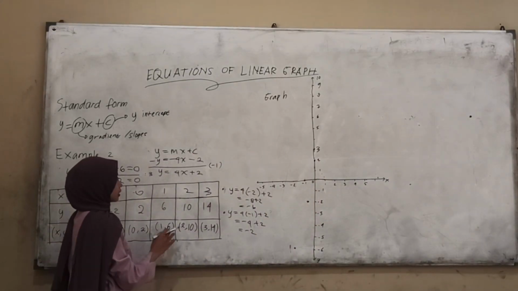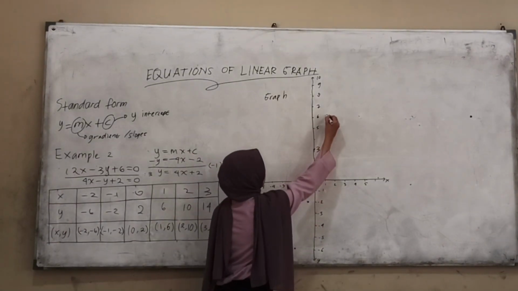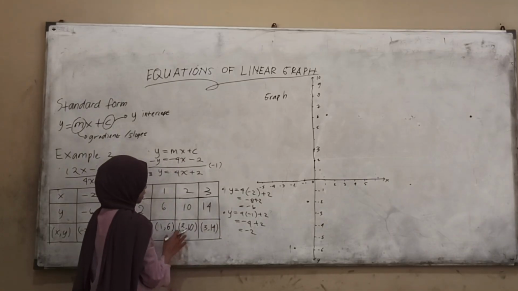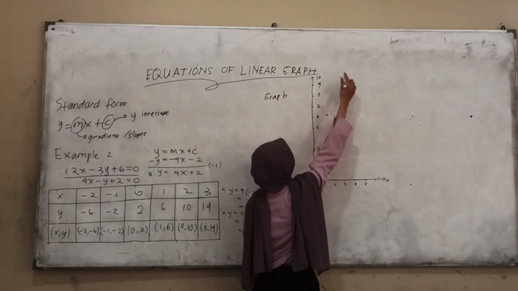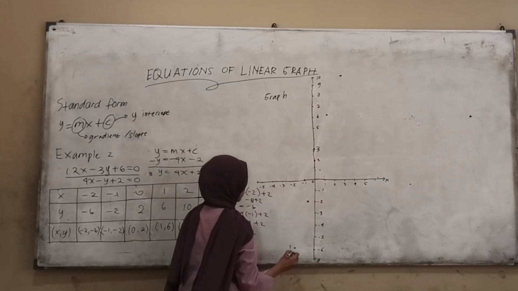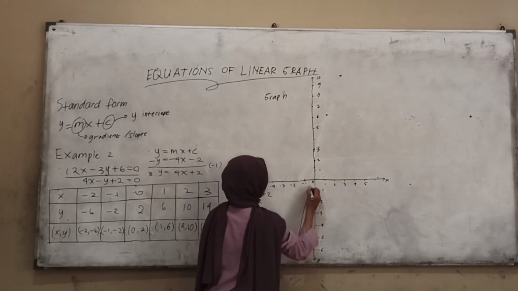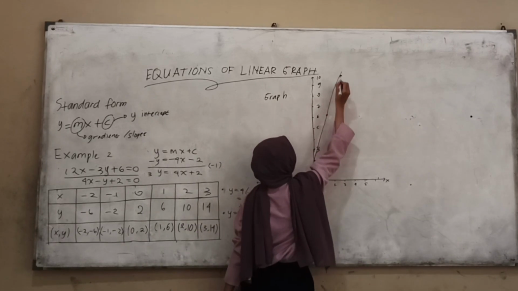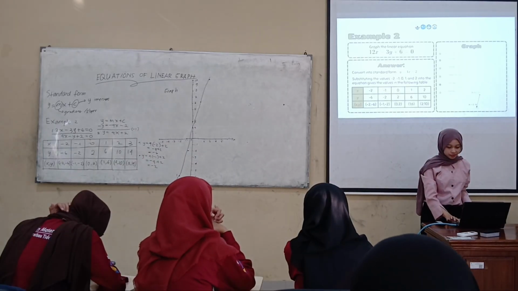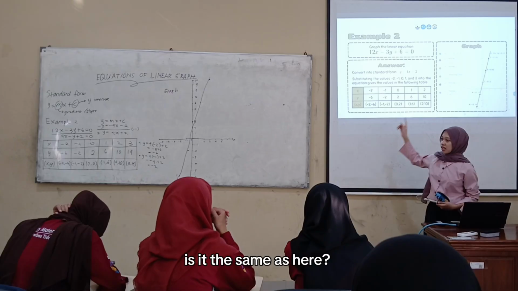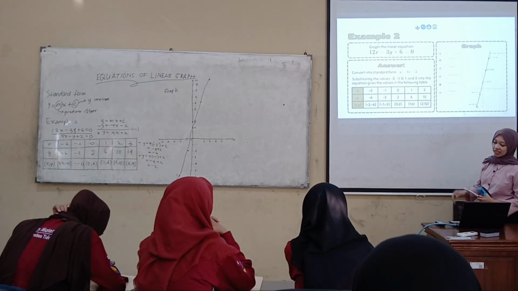And then 1, 6, it would be here. And then the last one is 2, 10, it would be here, okay? So we can draw this. Okay, let's check. Is it the same as here? Yes, okay.